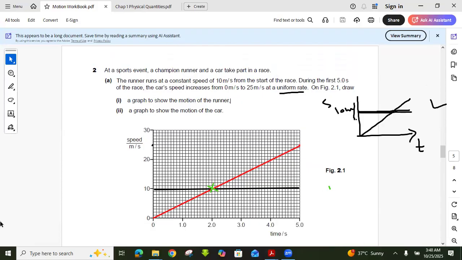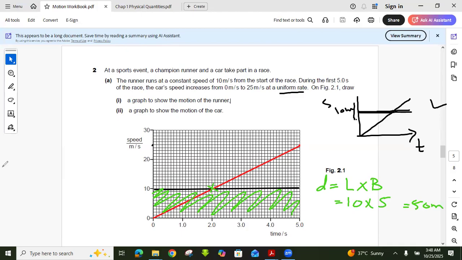So we are going to use the area under the graph. Length into breadth: length here is 10, and breadth here is 5. 5 times 10 is 50 meters. So this is the right answer, 50 meters. We have done it rightly.